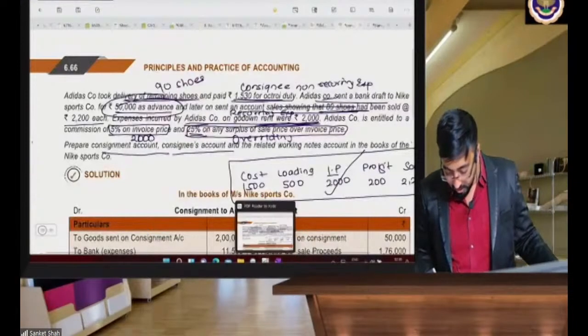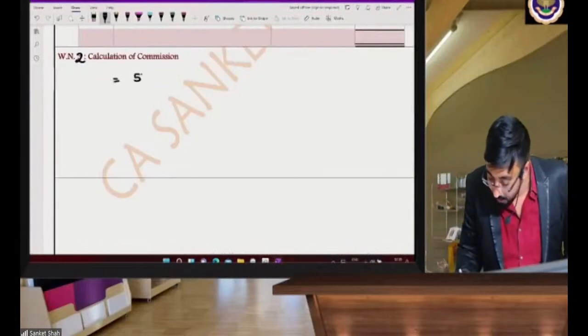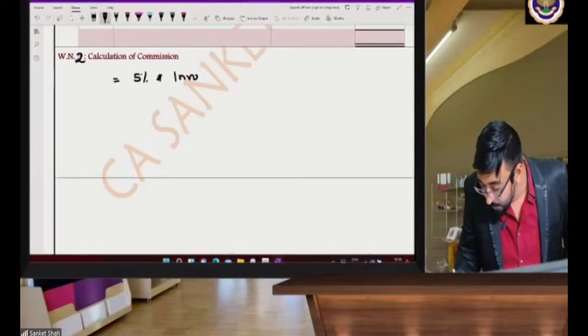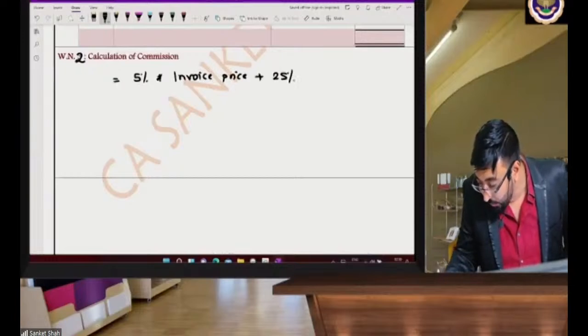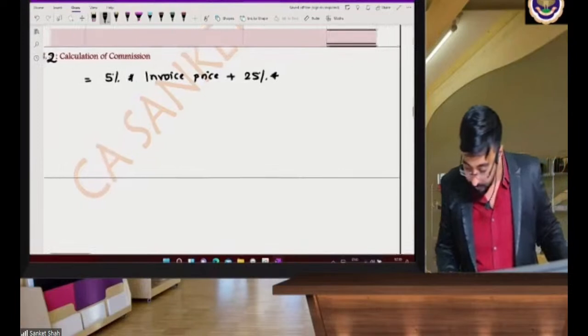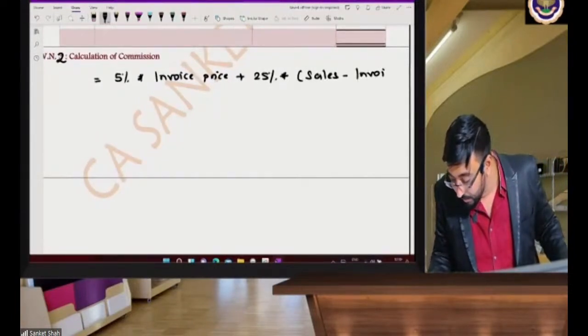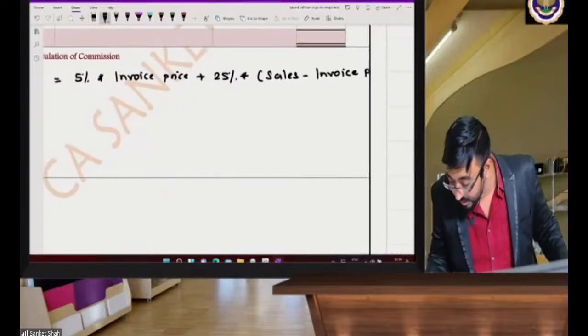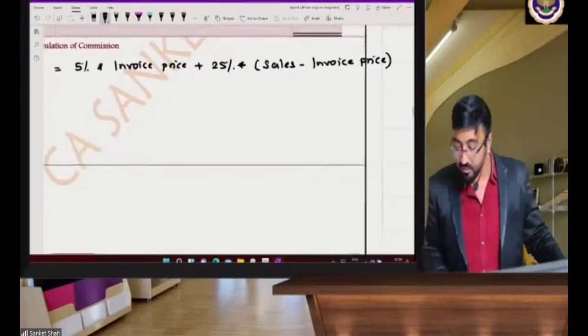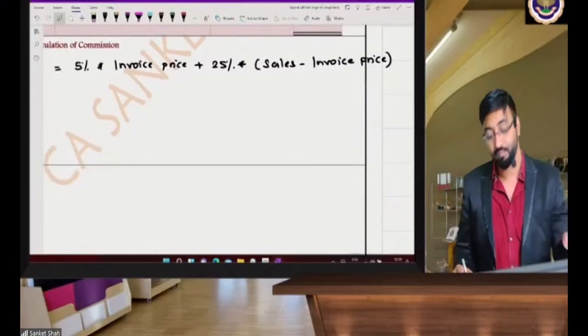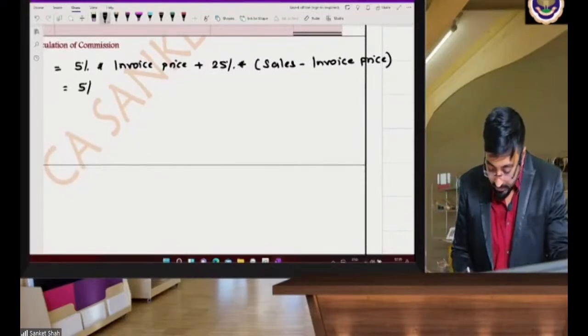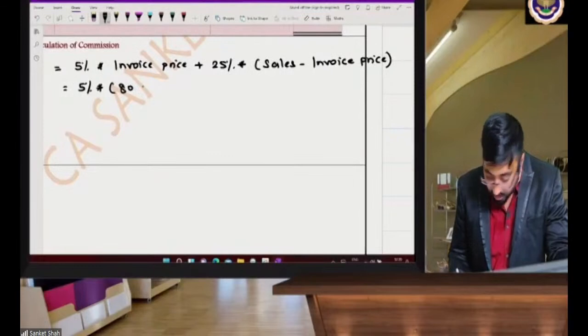What is commission? 5% into invoice price and 25% excess of invoice price. Means I will form the equation: sales minus invoice price. So 5% into, what is invoice price? 2,000 rupees and 80 shoes.